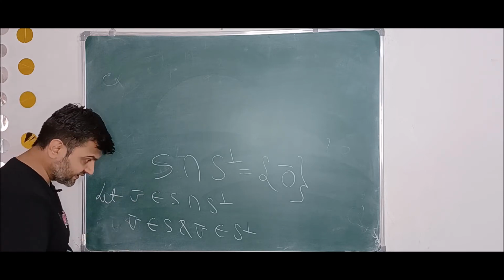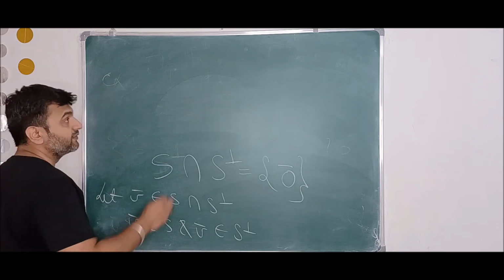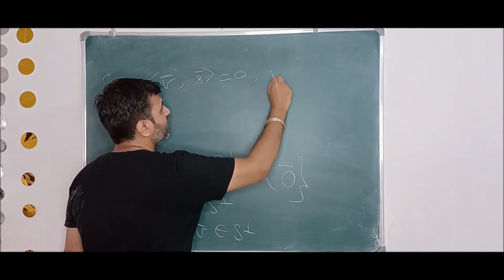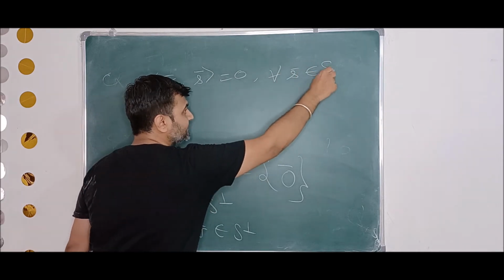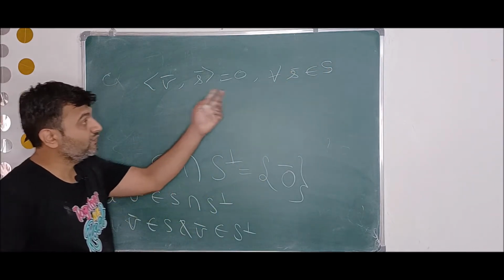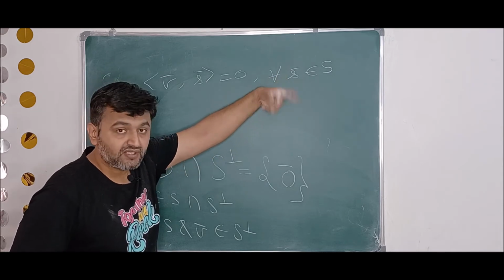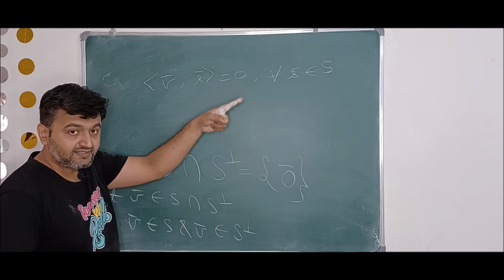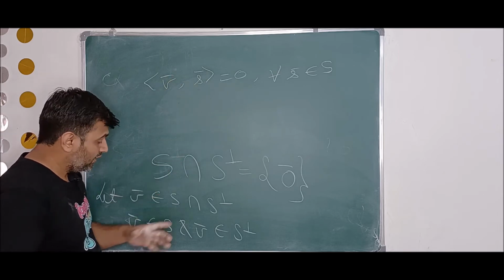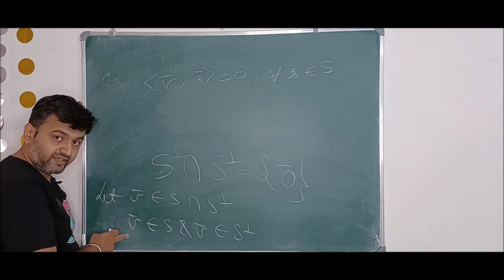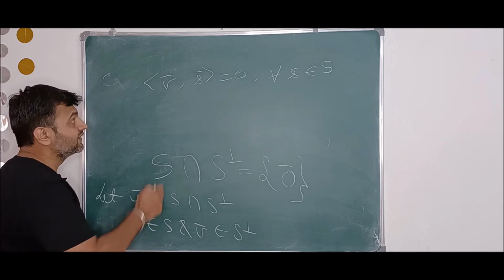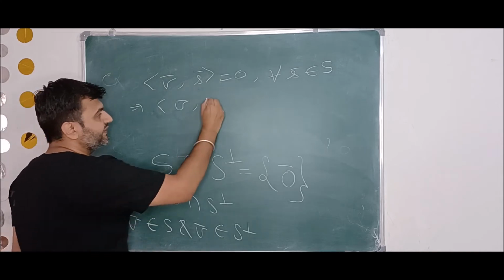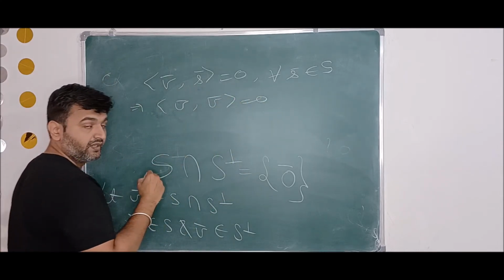Now your V bar is in S perp, which means the inner product of V bar with S bar is 0 for all S bar in S. You keep on changing S bar in the set S, this will be 0. So when your S bar is V, because V bar is also in S, the inner product of V bar with V bar is also 0. But what is this?